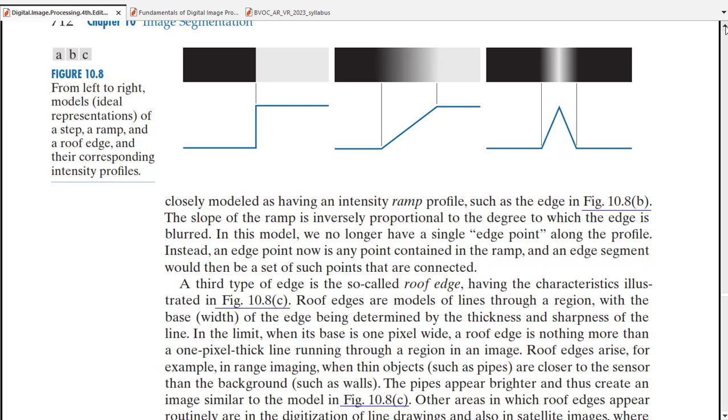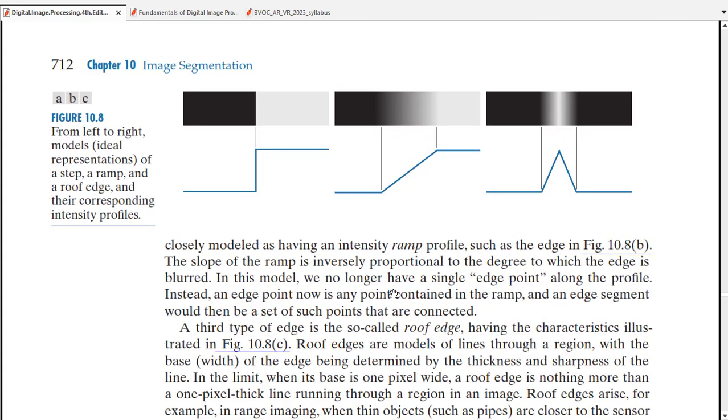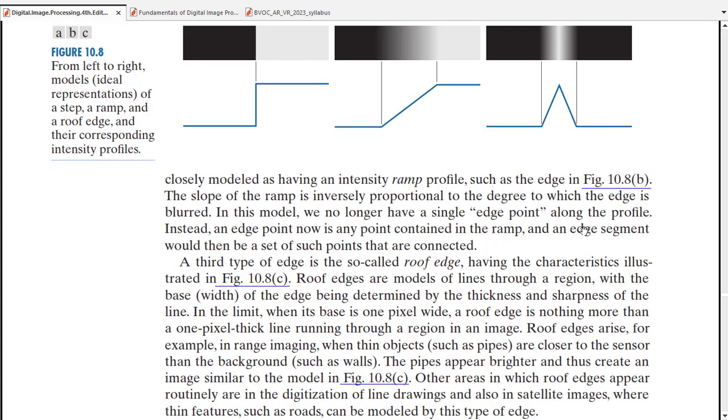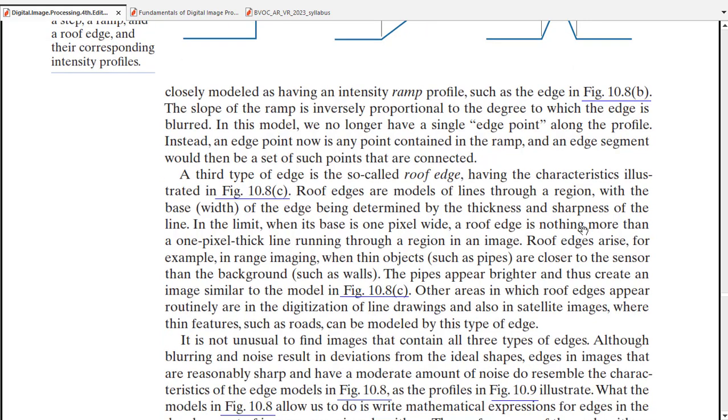Here we have three types of image models: the ideal representation of step and ramp. Step, this is a ramp, another is roof. So both raise the information and then ramp it downwards. So automatically it is a roof edge. So here the third type of edge is called the roof edge.